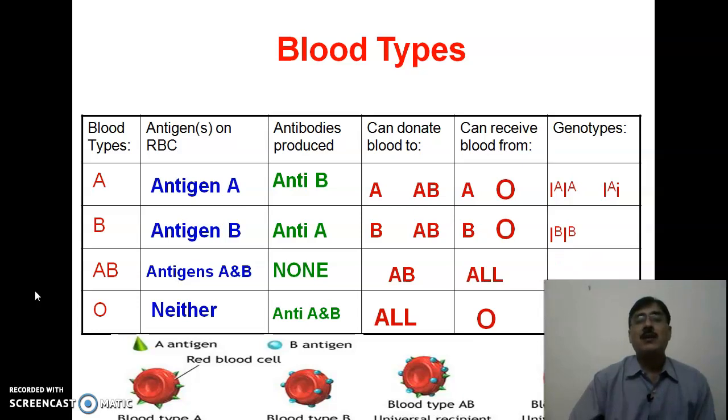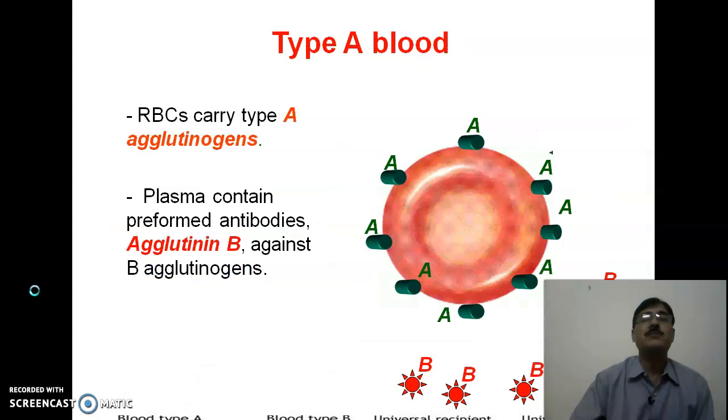This is the homozygous dominant for blood group B, and this is the heterozygous for blood group B. This is the codominance, with both antigens present, and this is the homozygous recessive for blood group O. So this chart summarizes the ABO blood group system.